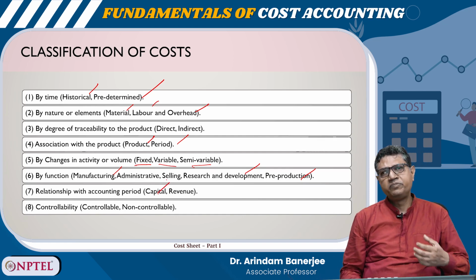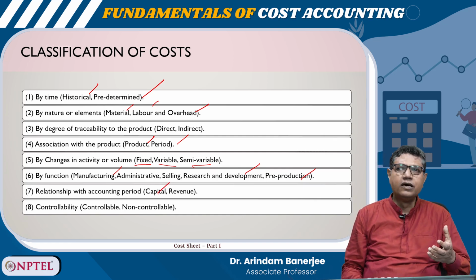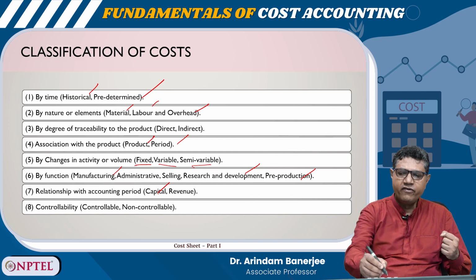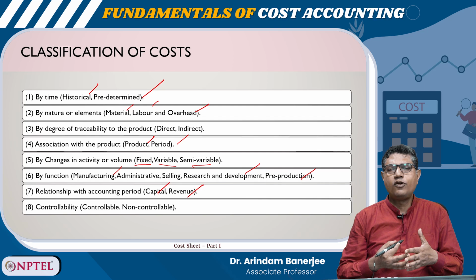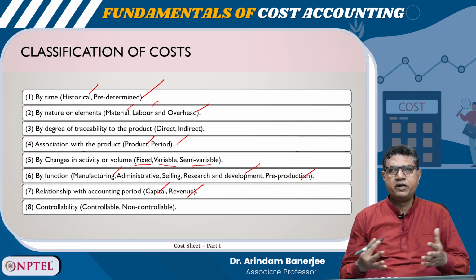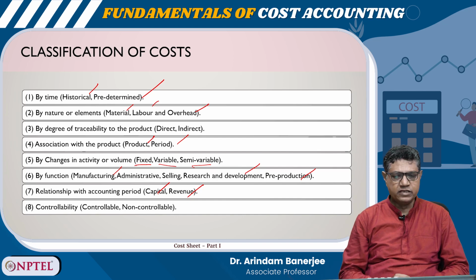But I am paying a monthly salary to the worker, which may be of revenue nature because it is linked only to that month, not to a range of years.